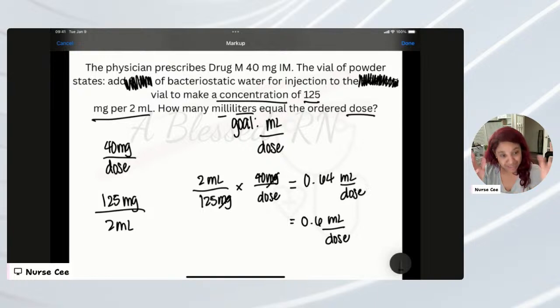The units are the juice in your dosage calculations. The rationales are the juice in this book. It's going to tell you why the answer is the answer, and therefore you can learn how to critically think and see why that answer is that answer.